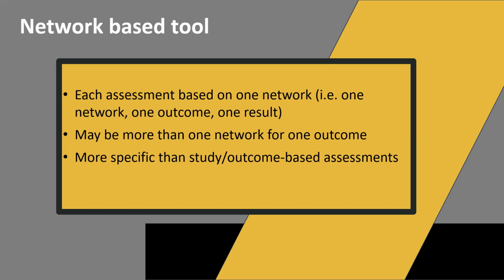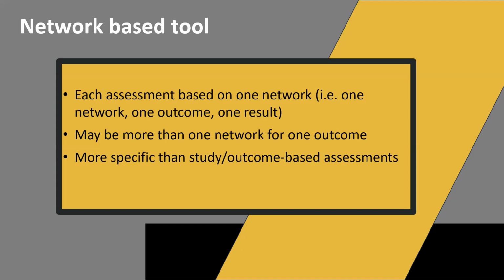We also had one other concept that we wanted to apply to the tool, in that we are only focusing on one network within what could be, in a systematic review, a slew of networks that are being assessed.